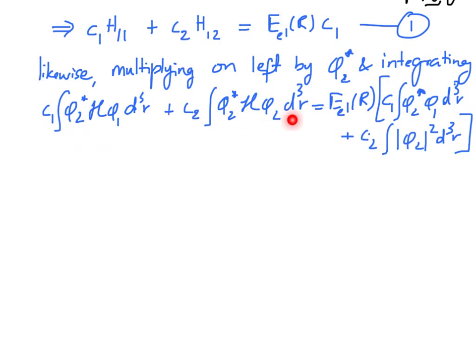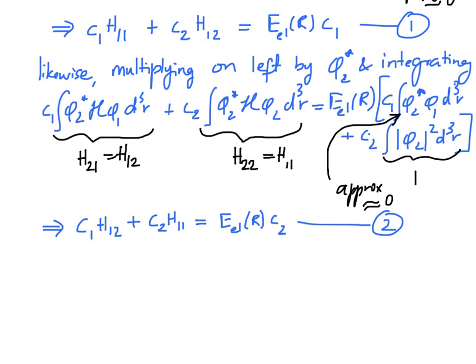Likewise, this quantity here is something we can call H22, but because proton 1 is equivalent to proton 2, H22 will be equal to H11. By the same argument that we made earlier, this quantity is going to be close to 0 because it involves phi2 and phi1, and this integral over here is going to be equal to 1 because of normalization.